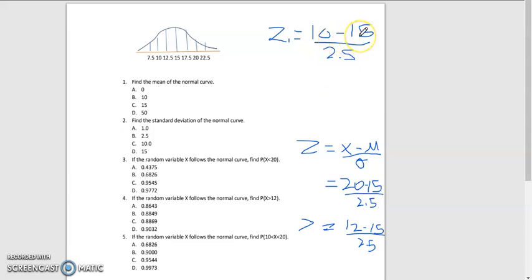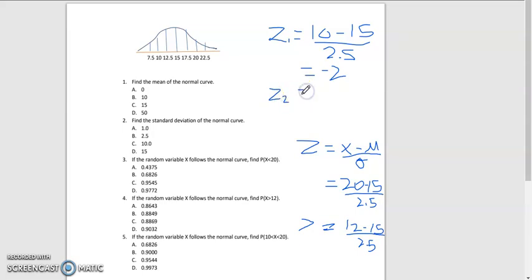So 10 minus 15 gives you what? Negative 5. Divided by 2.5 gives you what? The answer will be negative 2. Okay. Then you also find z2, the second z, because it's 2 scores.